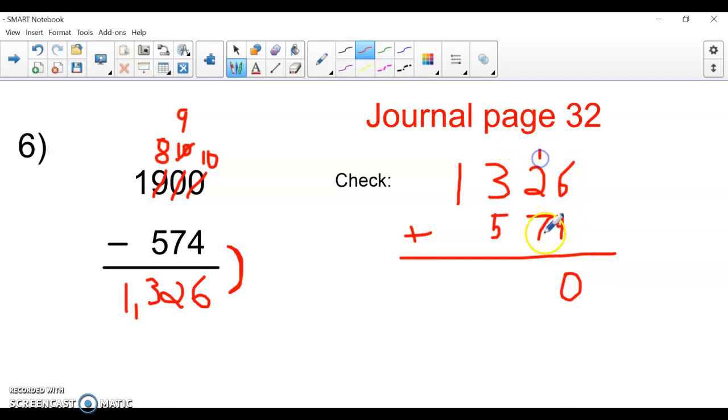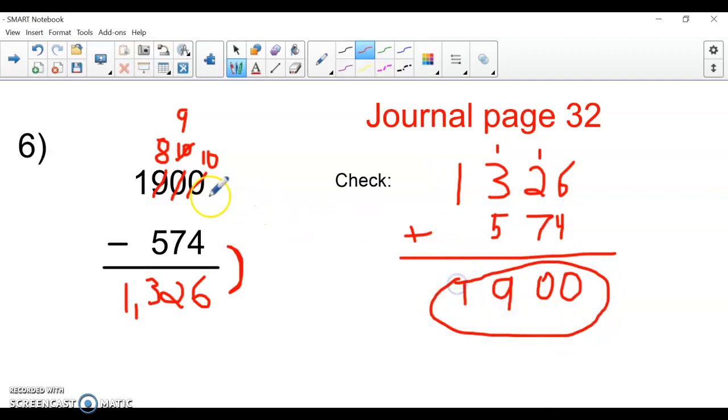Carry my 1 up above. 7 plus 2 is 9, plus 1 more gets me to 10. Looking good so far. 3 plus 1 is 4. Plus 5 more is 9. Ooh, I didn't have anything to carry, so 1 plus nothing is just 1,000. So because this matches this, we know that we got the answer right.